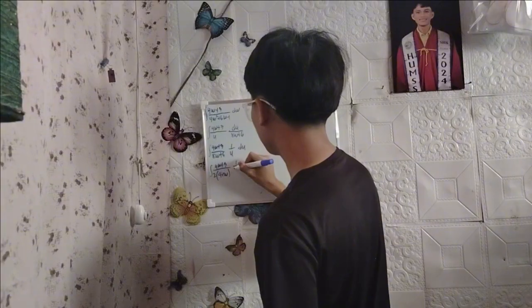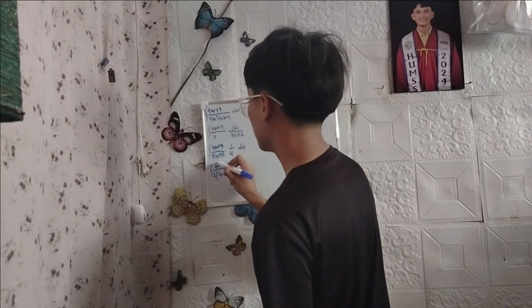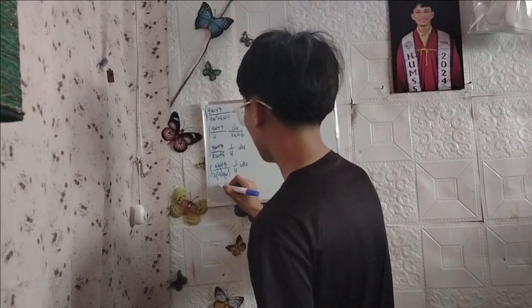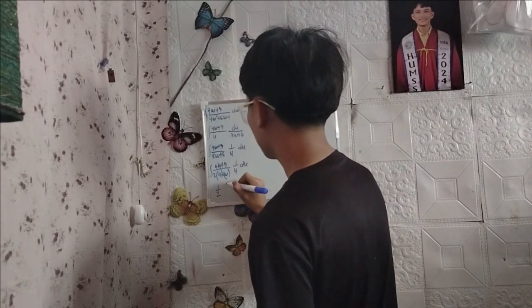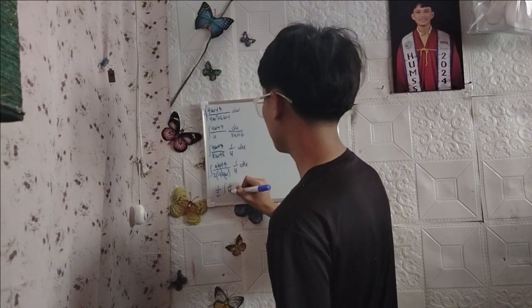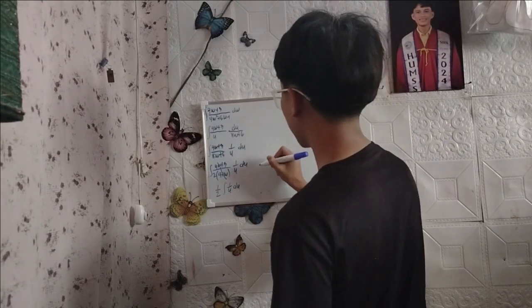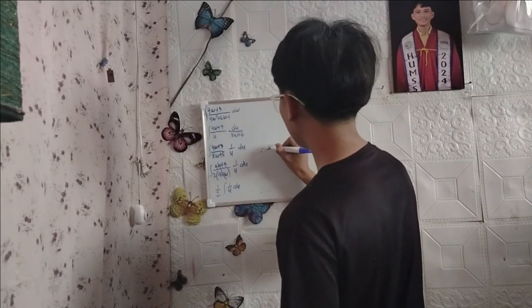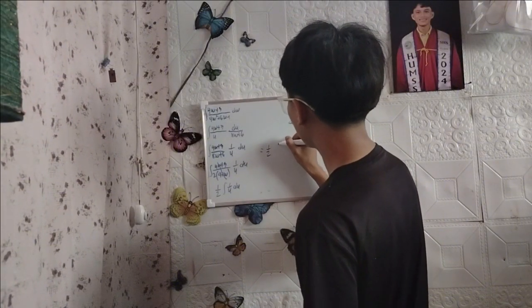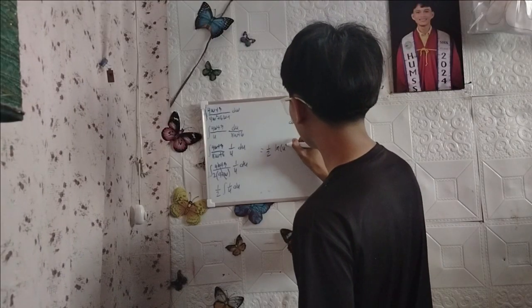So it will be 1/2 and the integral of 1 over u du. So equals 1/2 ln of u plus c, because we integrate them.